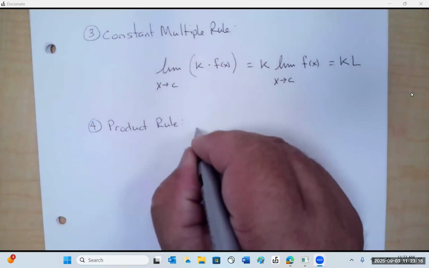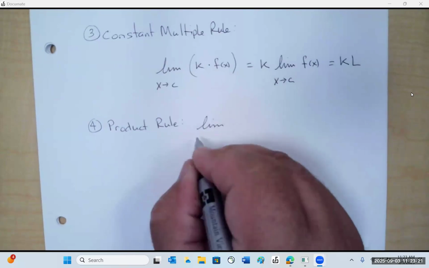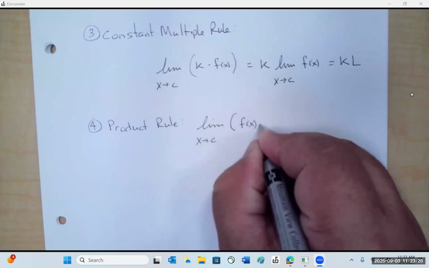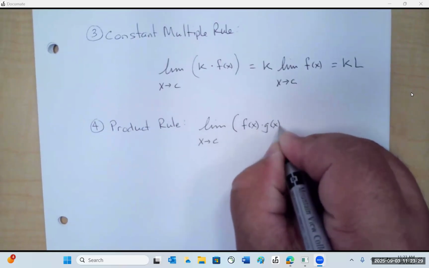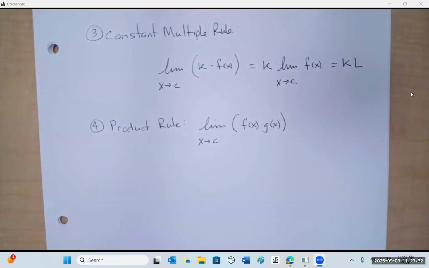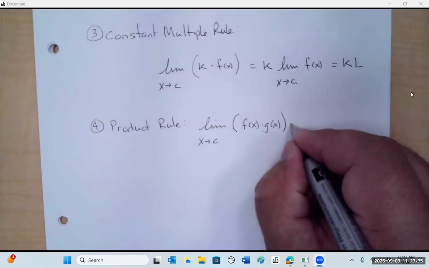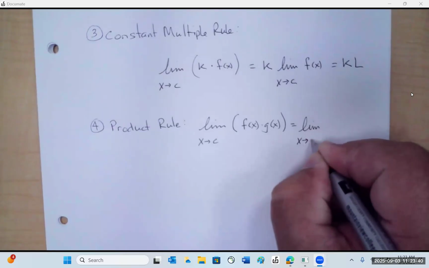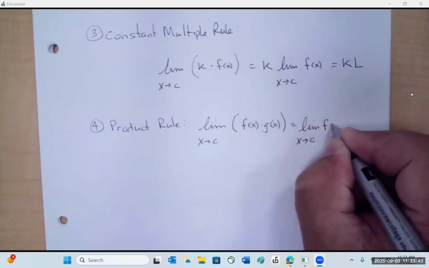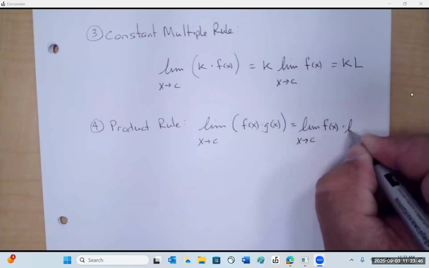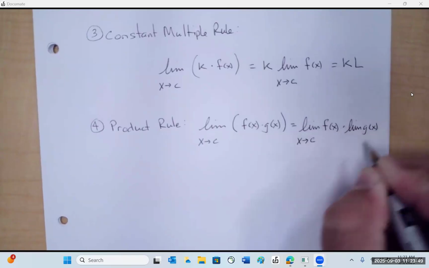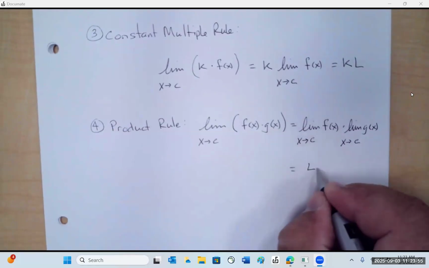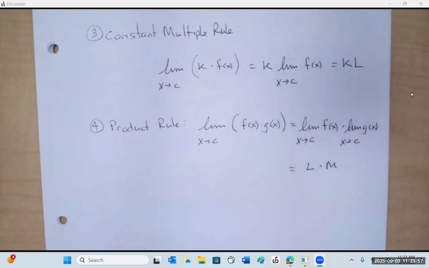So this is saying the limit as x approaches c of f of x times g of x, I can split those up as the limit of f of x times the limit of g of x as x approaches c, which then becomes the product of the limits.